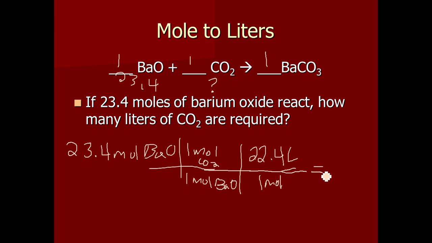Now I'm going to do my equal sign, and I'm going to take 23.4 times 1 times 22.4, and we are going to get 524.16 in the calculator. However, because I only have 3 sig figs, my 524.16 answer can only be 524 liters of CO2.